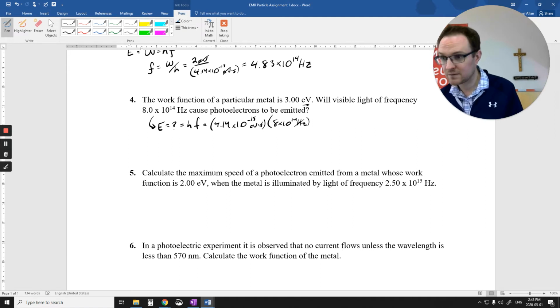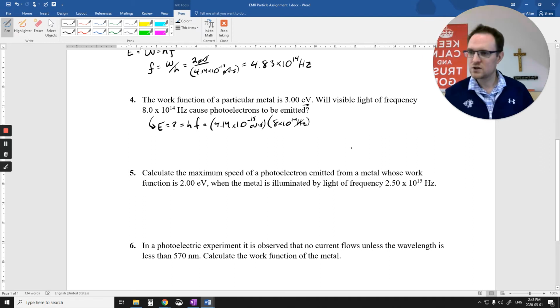Negative 15, I should probably put in my calculator. And times by that. So what we get here for the energy of this photon is 3.312 electron volts.